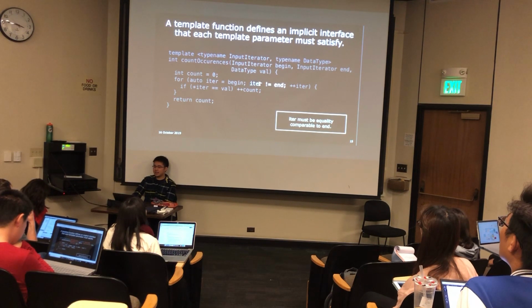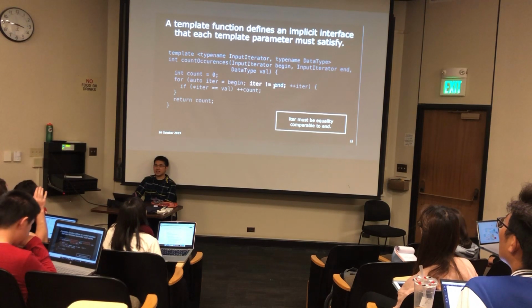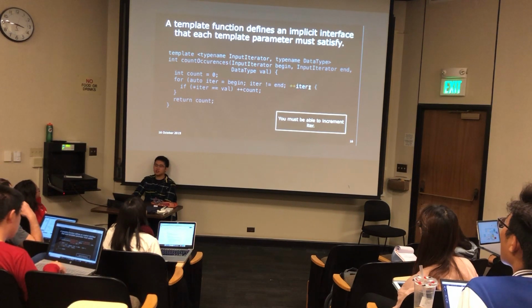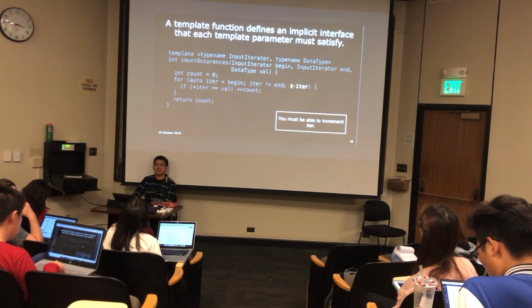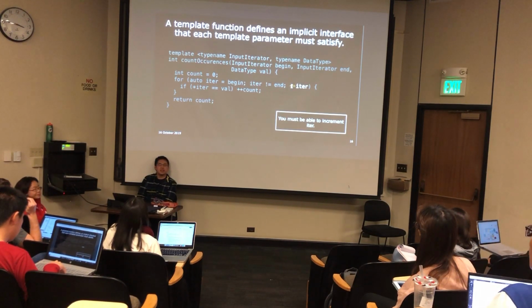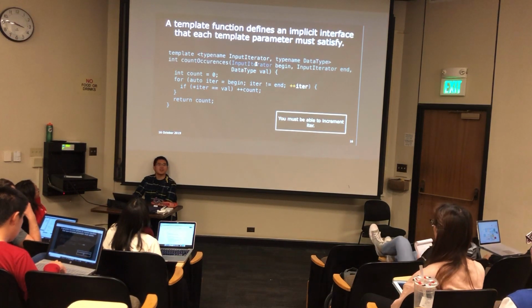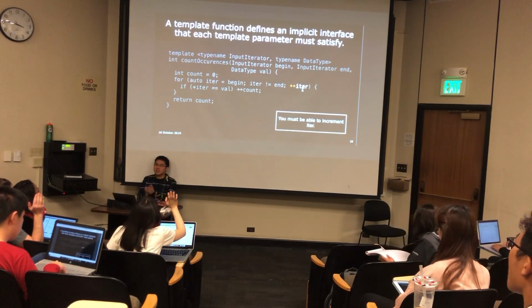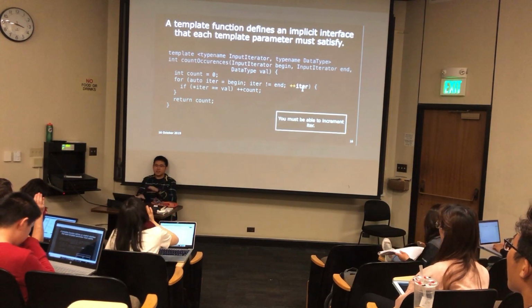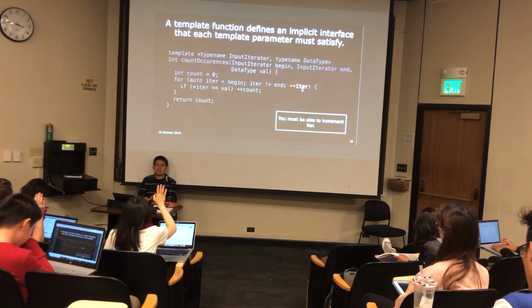The iterator, iter, must be comparable to end. Also, for this code to compile, you must be able to increment iter. Can you think of types that are not incrementable? Yeah, strings. You can't increment a string, right? So if we pass in a string for iter, that would not work. Did you see how these cause implicit requirements? We're not explicitly saying what the requirements are, but the code itself forces them.